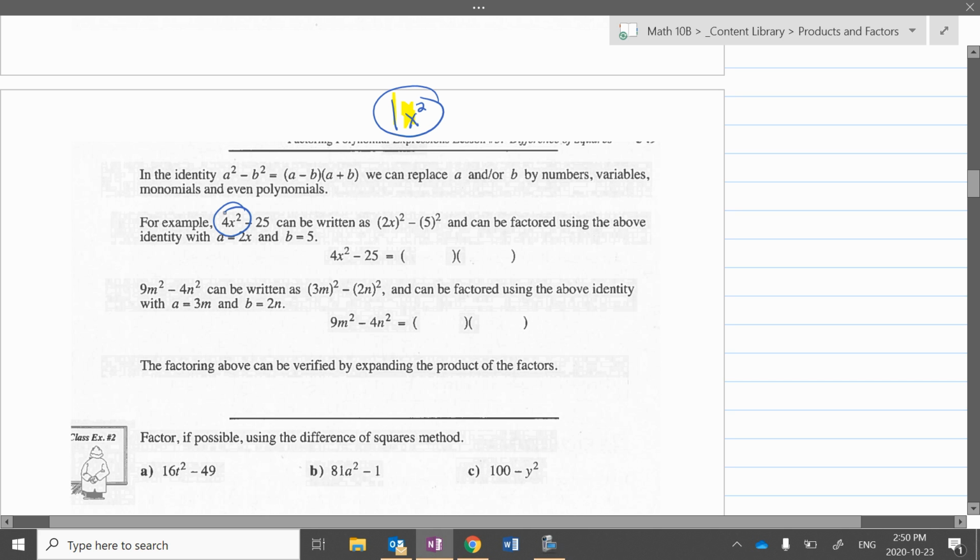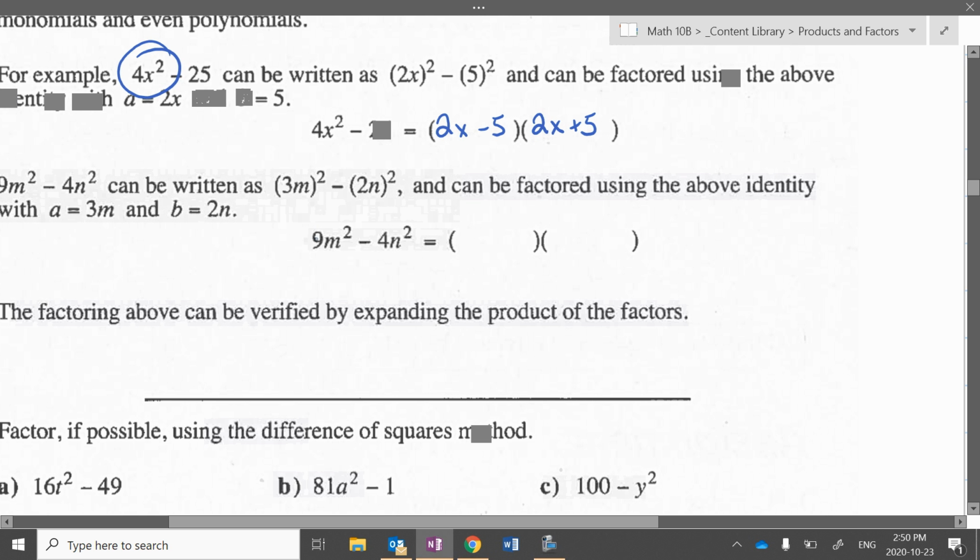Well, that first term here is still a perfect square. The square root of 4 is 2. So we're going to have a 2x minus 5, and then a 2x plus 5. In this second example, I have a 9, which is a perfect square, and a 4, which is a perfect square. So we get 3m minus 2n, 3m plus 2n.